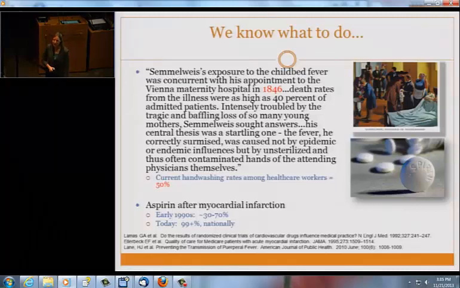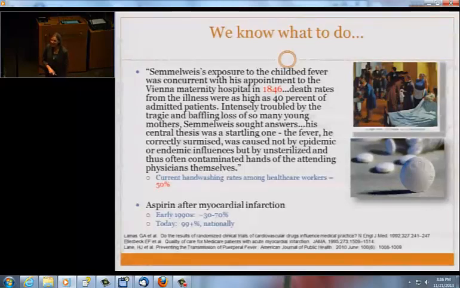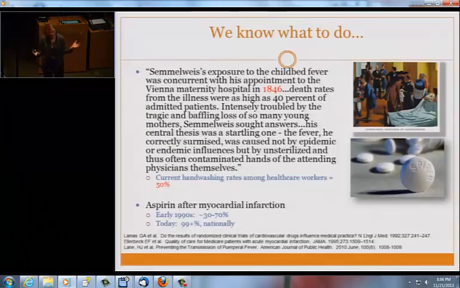Housekeeping. Housekeeping. 90, 100% washing their hands in and out of rooms. Food service. They wash their hands more often than we do. We're bad at it, even though we know that it saves lives, it's good to do.